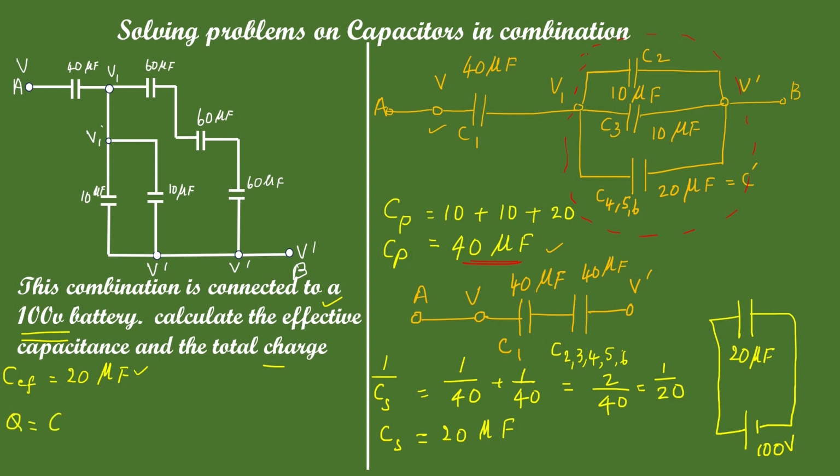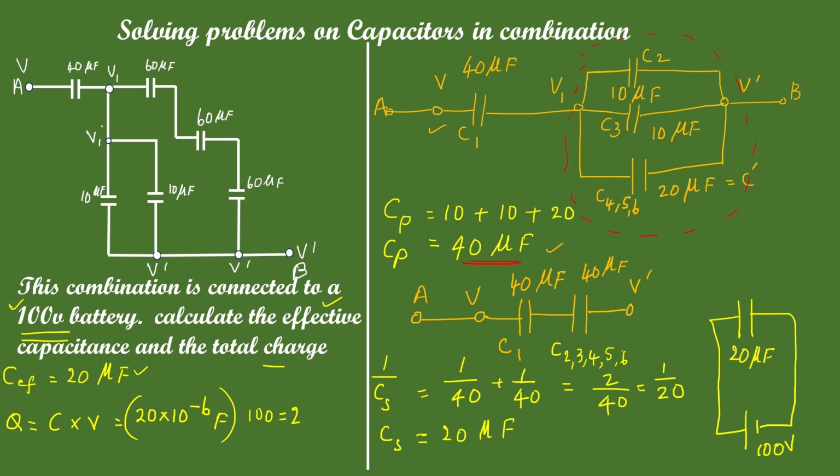Q is equal to C multiplied by V. So we have to multiply this effective capacitance with voltage, that is 100 volts. So we will convert this effective capacitance into farad. So 20 into 10 raised to minus 6 farad multiplied by 100.